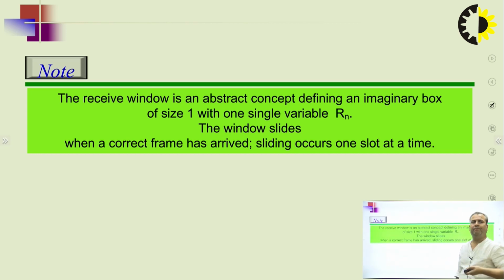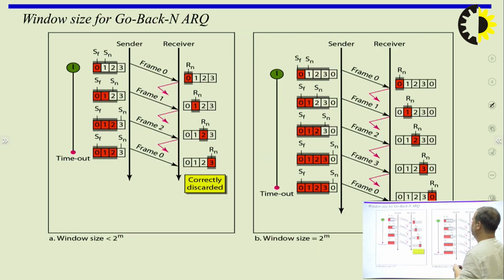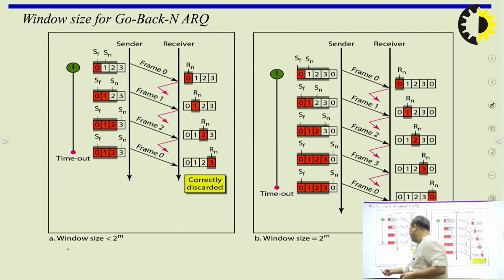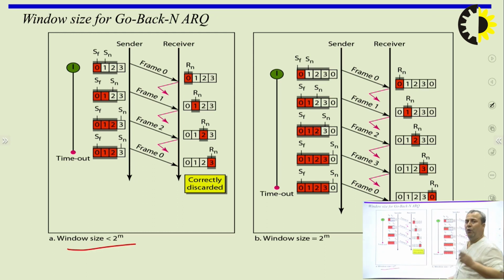The window size will always be less than 2^m, where m is the number of bits used to represent the sequence number. So the size of the window will be 2^m minus 1.